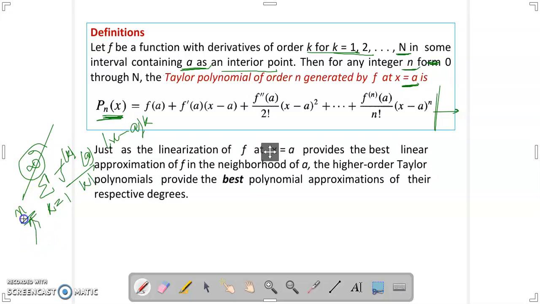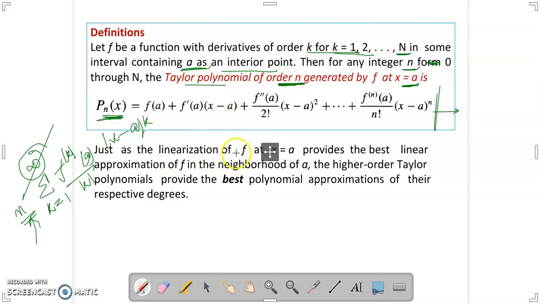If you are going for the third order approximation, then you have P3 of x, and in that case you will have the third derivative and x minus a to the power 3. If you have a second order approximation, you will go till the second derivative at a divided by 2 factorial into x minus a to the power 2, right? So this is how we define the Taylor polynomial of order n. So we are defining the order of the polynomial, not the degree.